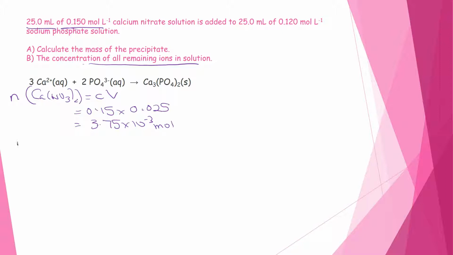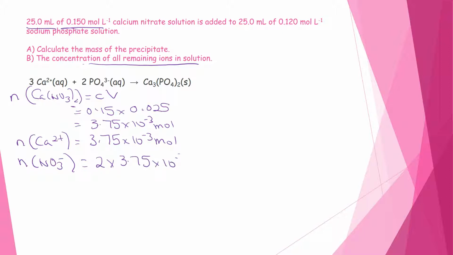Now, from there we can find the number of moles of calcium ions, which will be the same because there's only 1 mole of calcium for every mole of calcium nitrate, and the number of moles of nitrate ions. If you look at the formula, it says there are 2 of them. So it'll be 2 times 3.75 by 10 to the negative 3, which comes out to be 7.5 by 10 to the negative 3 moles.